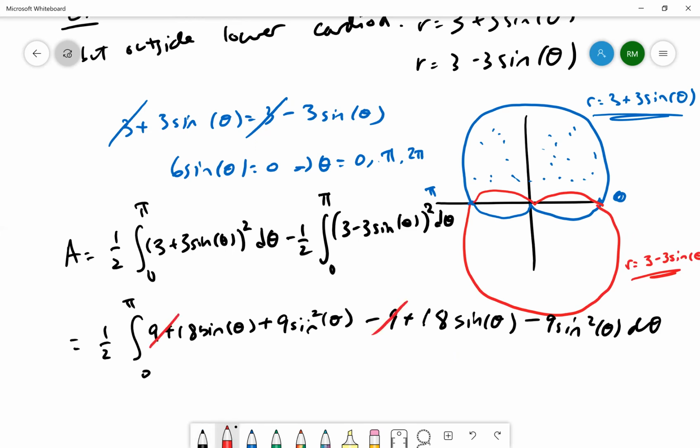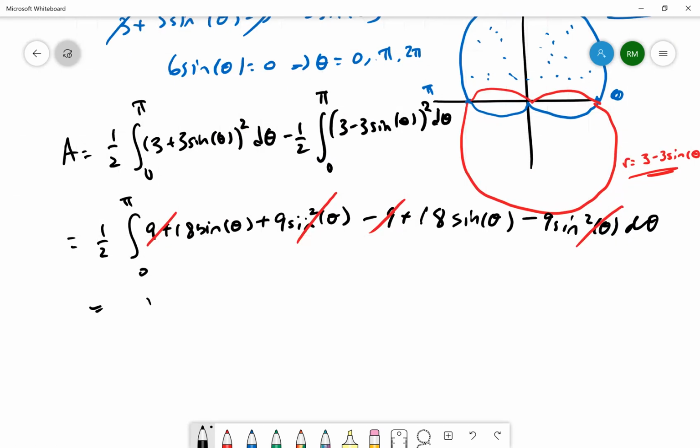We see there's a lot of cancellation. And so this should just be the integral from 0 to pi of 18 sine theta.